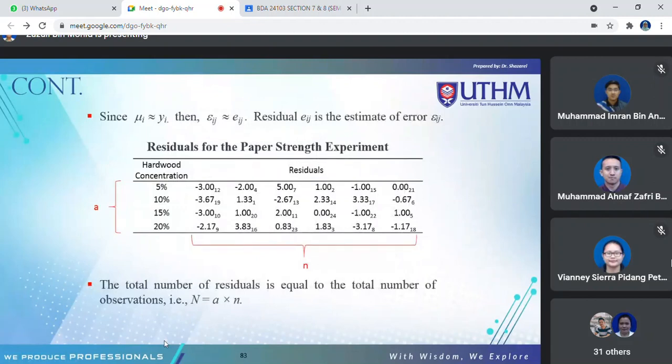So we can assume that mu ij is equal to yi. Then we also can assume that epsilon ij is equal to Eij. Looking back at this data, we can calculate the residual.